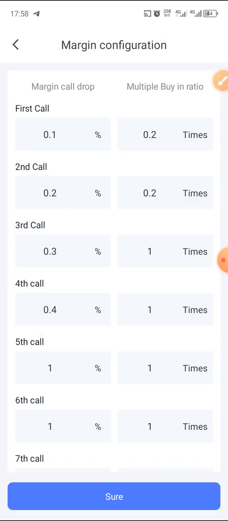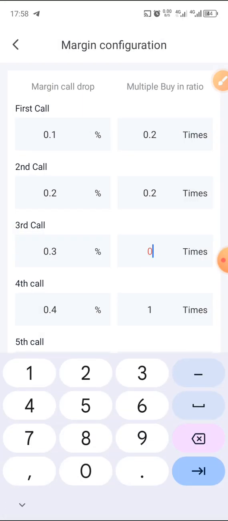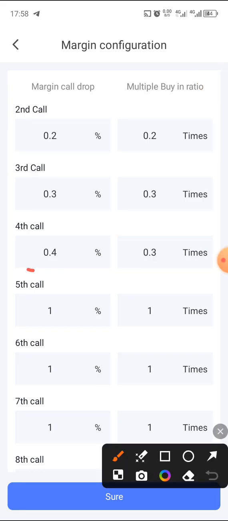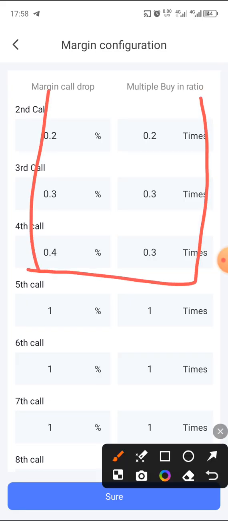So you come here and change to 0.3, then 0.3. Now we have already set our first 4 margin calls that will be sold at once.